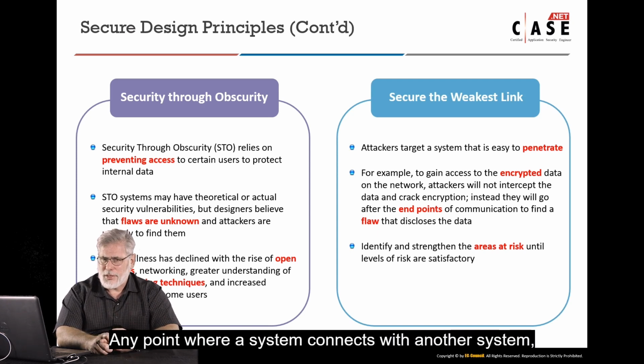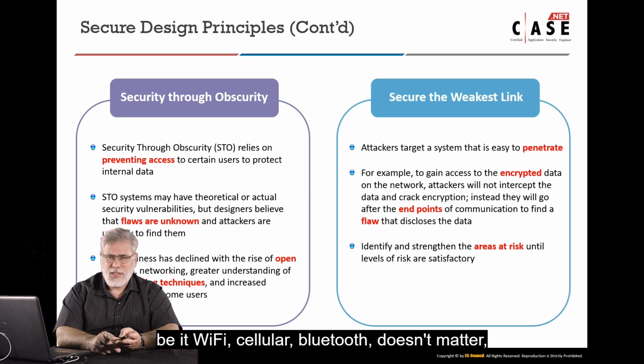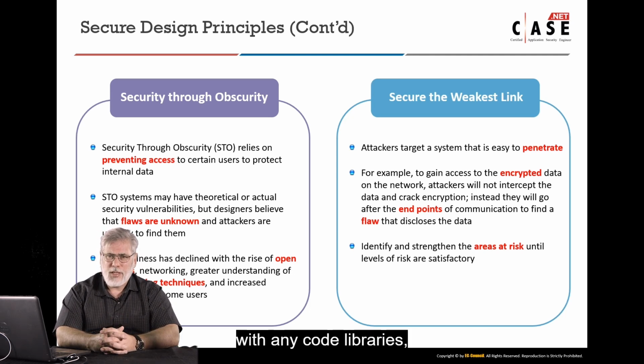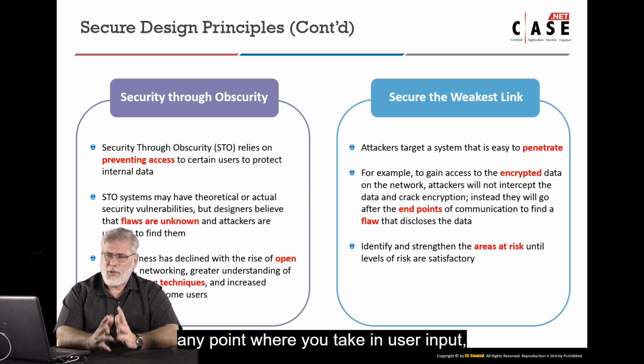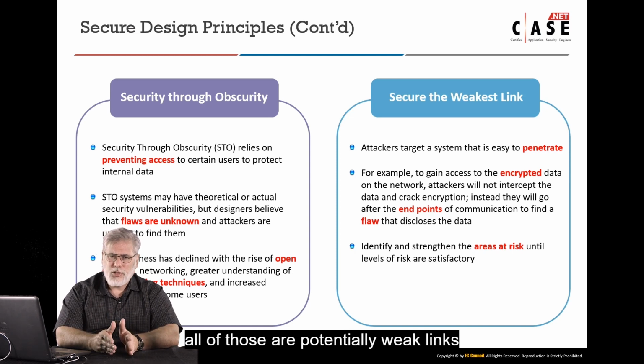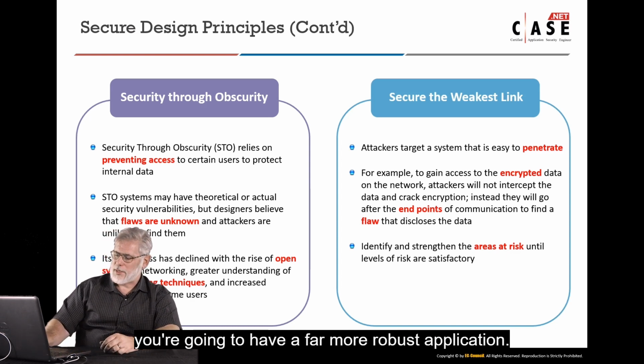Any point where a system connects with another system, any point where there's any sort of external communications, be it Wi-Fi, cellular, Bluetooth, doesn't matter. Any point where you have to interface with any code libraries, any point where you have to read in data, any point where you take in user input, all of those are potentially weak links. Direct your attention there during the design phase, and you're going to have a far more robust application.